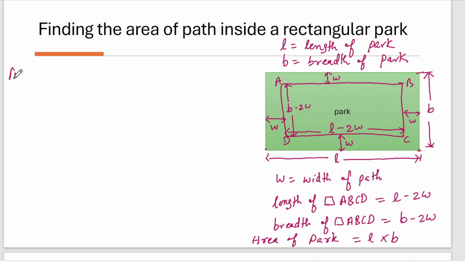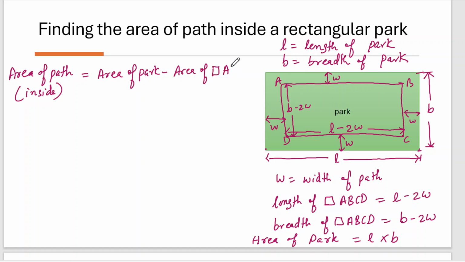So area of path equals, and this is the case of inside the park, area of park minus area of rectangle ABCD. Okay, if you subtract the area of rectangle ABCD, you will get the area of path.